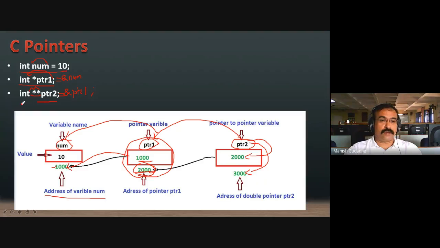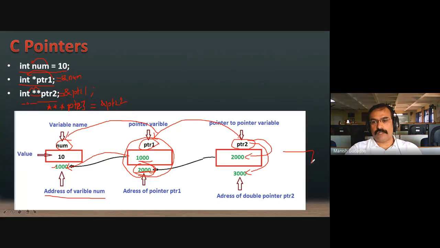Likewise, let us say that I am declaring one more with an asterisk, ptr3, which holds the address of ptr2.